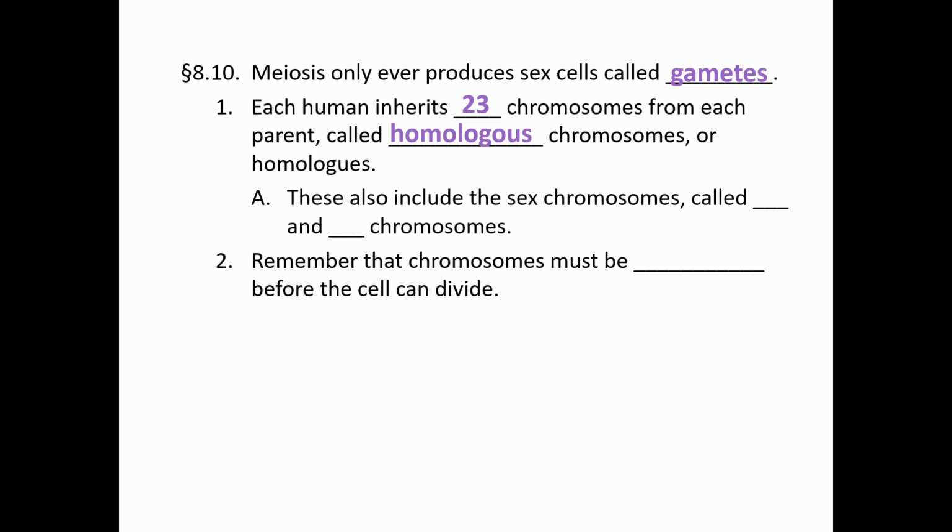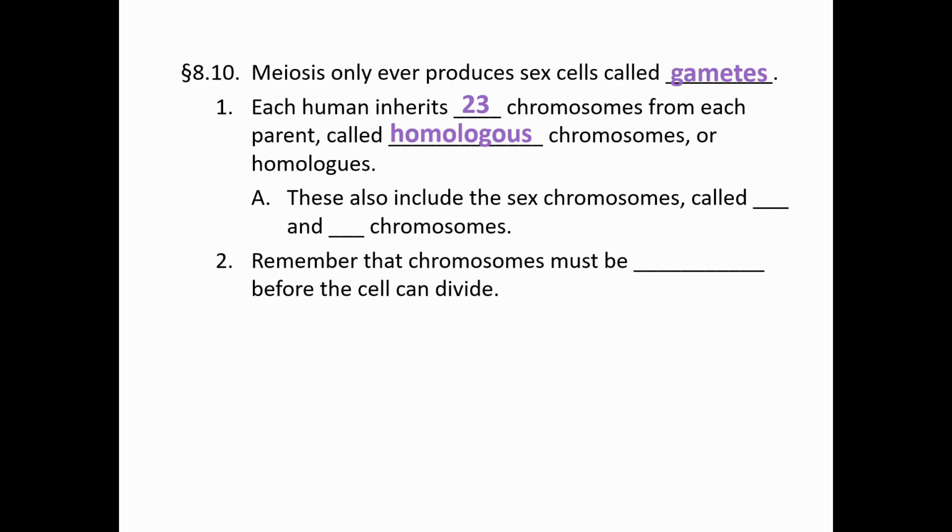The ones like the 2 number 1s that go together are called homologous, or homologs, right? So the homologous chromosomes have the same type of information. They're the same size, the same length. For example, they're both going to have the eye color gene, but they might have different versions of those same genes, like blue versus brown eyes.